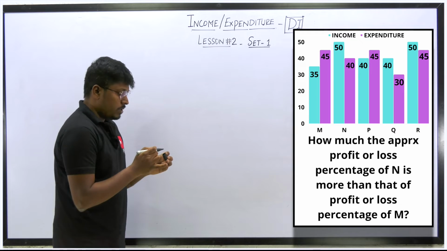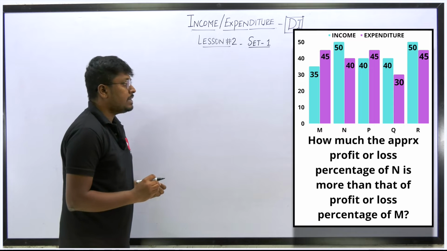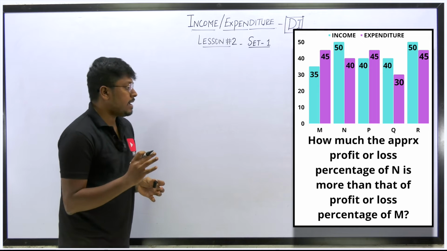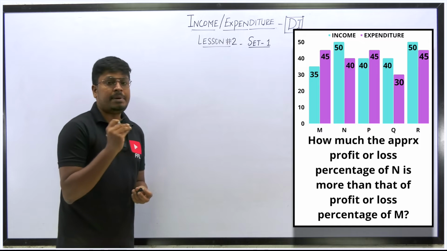Question number 2. So how much approximate profit or loss percentage of N, that is company N, is more than that of profit or loss percentage of company M?